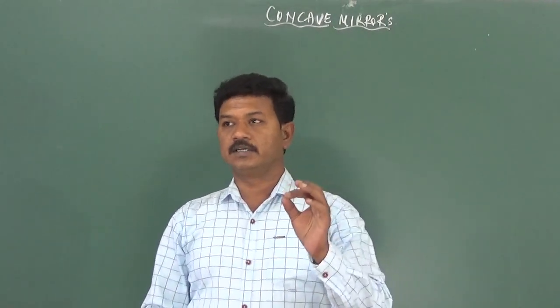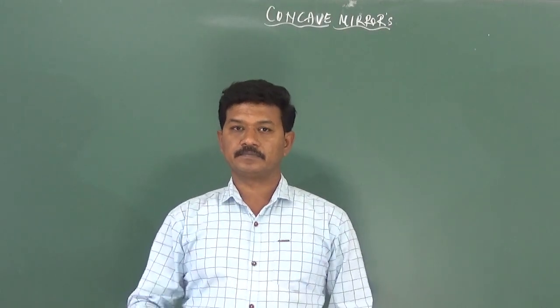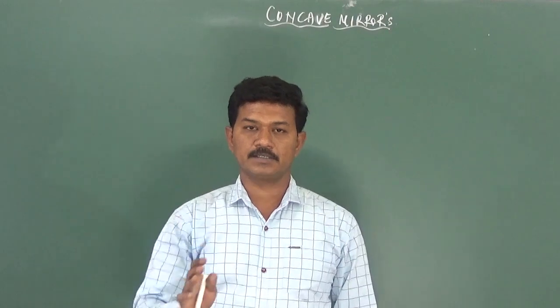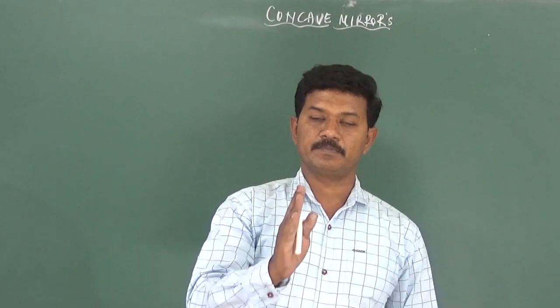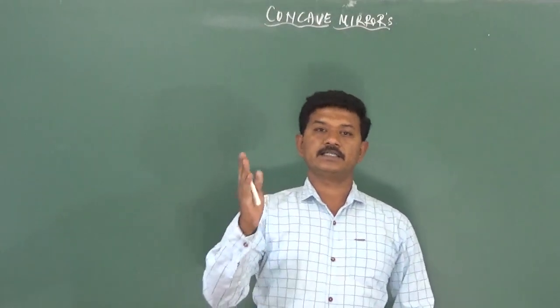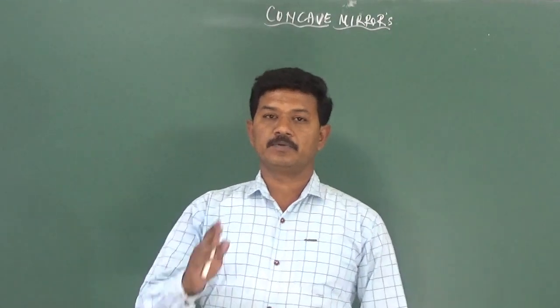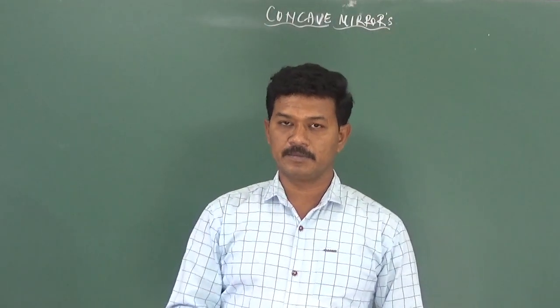Among all the 6 ray diagrams, very important are the images formed by the mirror when the object is kept at F, between F and P, and at C. These 3 are very important from the point of view of your examination.